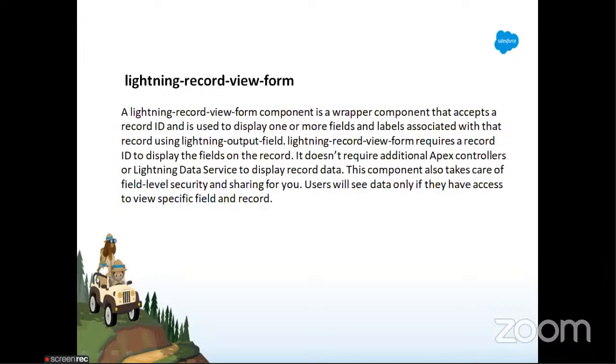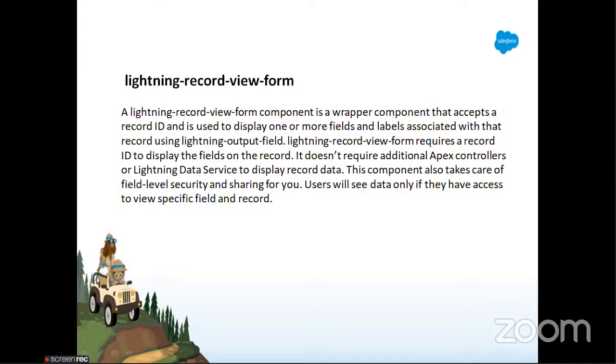And each field is basically associated with a label, and the label basically displays the record label, and we have fields that show the value, right? Basically, when we talk about this particular component, it accepts a record ID, and it is used to display one or more fields and labels associated with that record using Lightning output field, right?